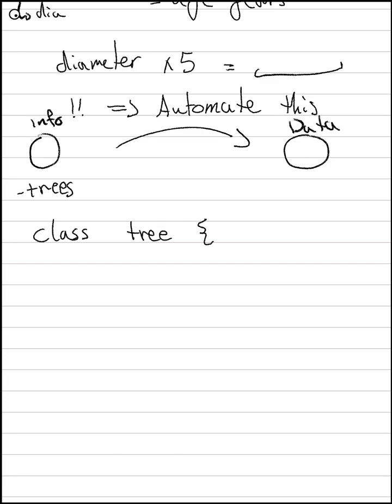Okay. What information should it have? So as it said already, there's going to be a growth factor, which is an int. Right. The growth factor is going to be a whole number, so it can just be an int.